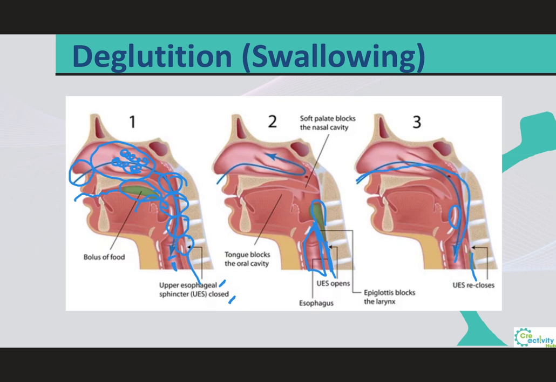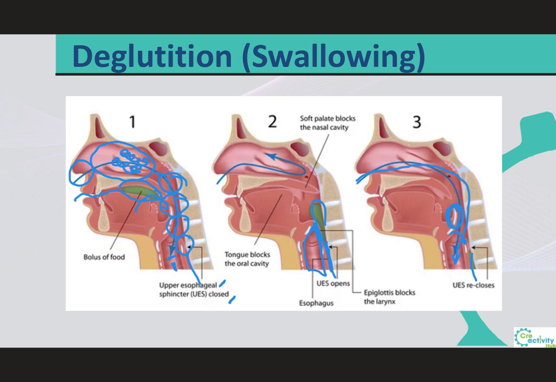So this is why when your mom tells you not to talk while you're eating, it is because she does not want you to choke with your food, because when you're talking, you're breathing. Therefore, the epiglottis is in its normal position. But when you're chewing and swallowing, then the epiglottis needs to come down to close the opening to the trachea so that the food does not enter into the trachea.